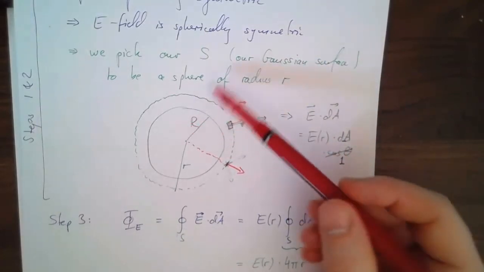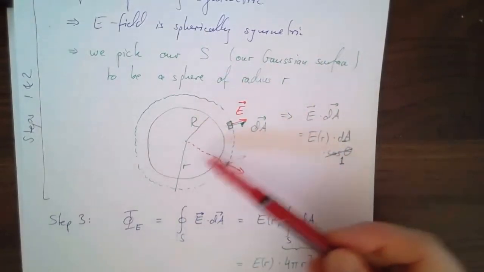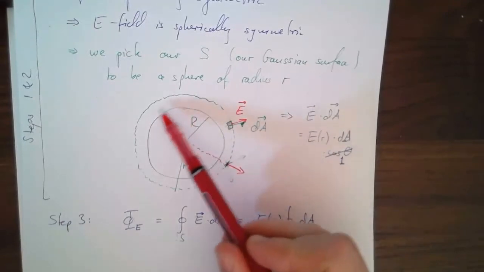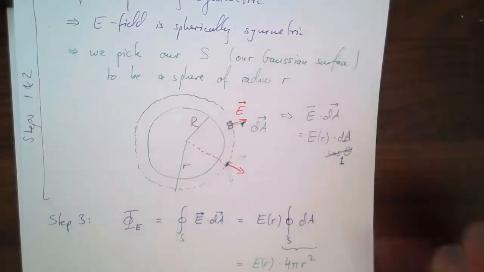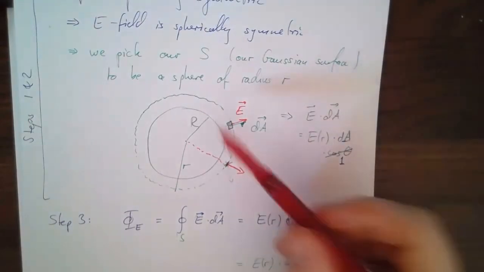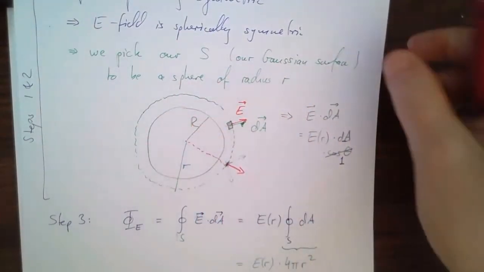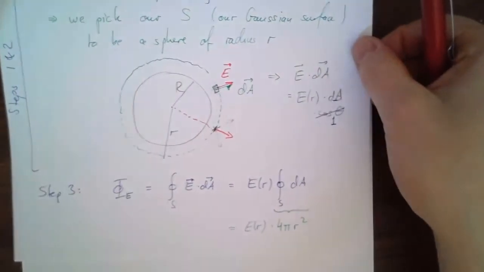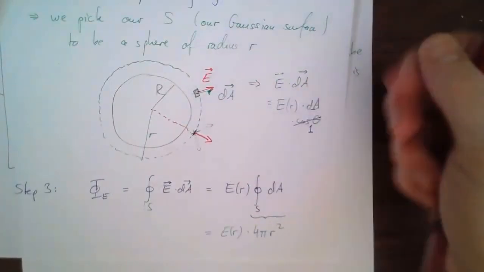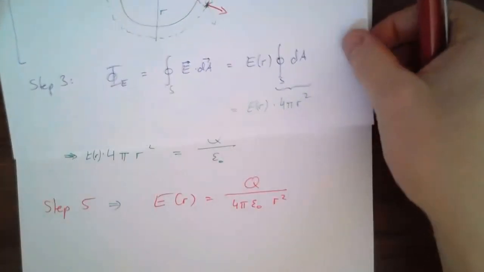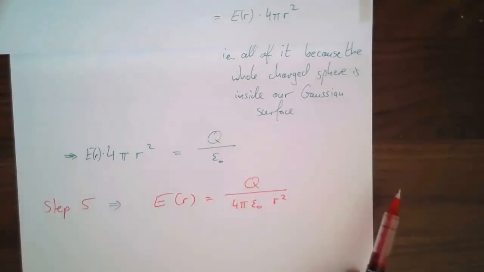You could have easily proved the same thing for a solid ball of charge, or for a shell with another charge on the inside, or anything that's spherically symmetric. As long as you're outside of it all, all the charge is inside, and the symmetry is spherical, the calculation goes through the same, and you end up with Coulomb's law.